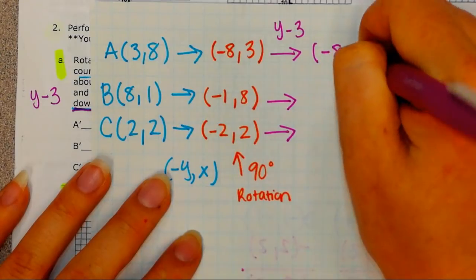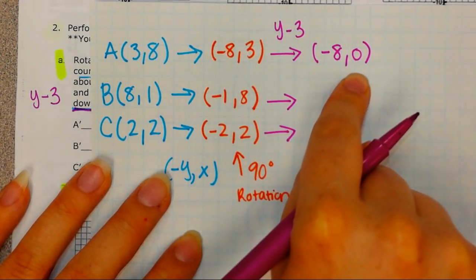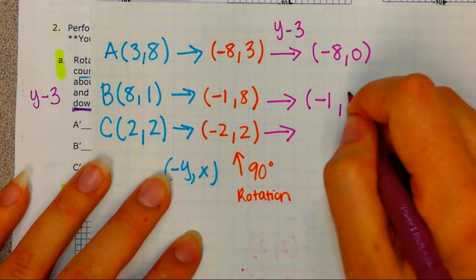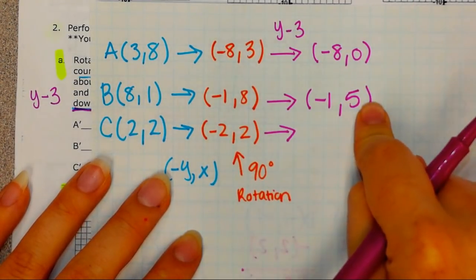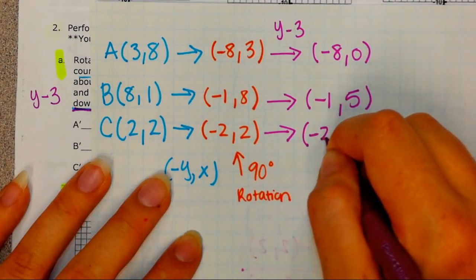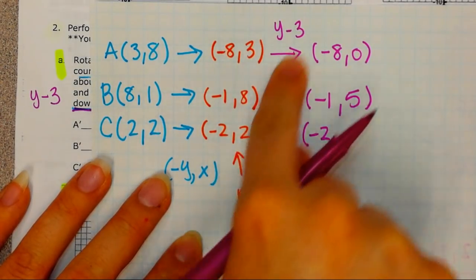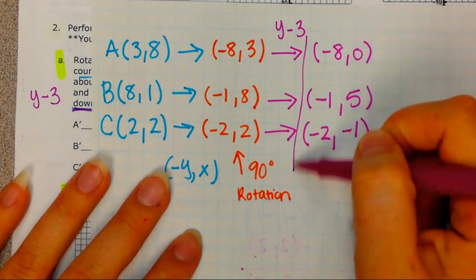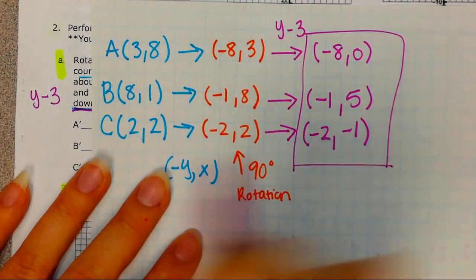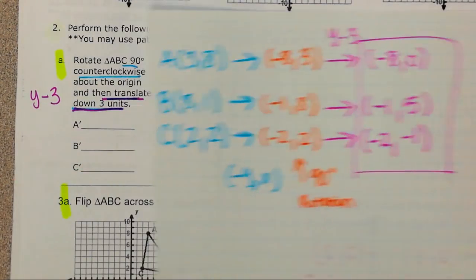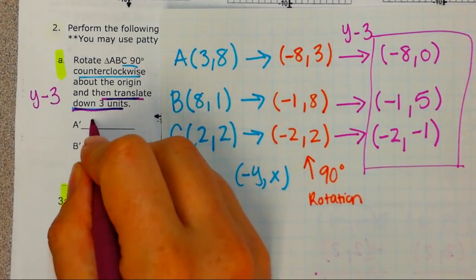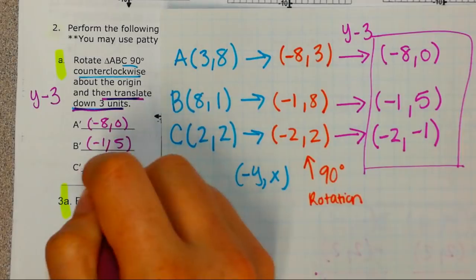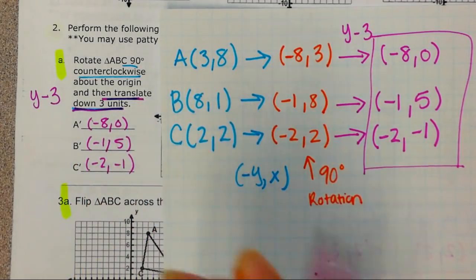So this is going to become negative 8, 0. 3 minus 3 is 0. This will become negative 1, 5. 8 minus 3 is 5. And that'll become negative 2, negative 1. 2 minus 3 would be a negative 1. Okay. And so these are our final coordinates where we end up. All right, so we've got negative 8, 0, negative 1, 5, negative 2, negative 1.